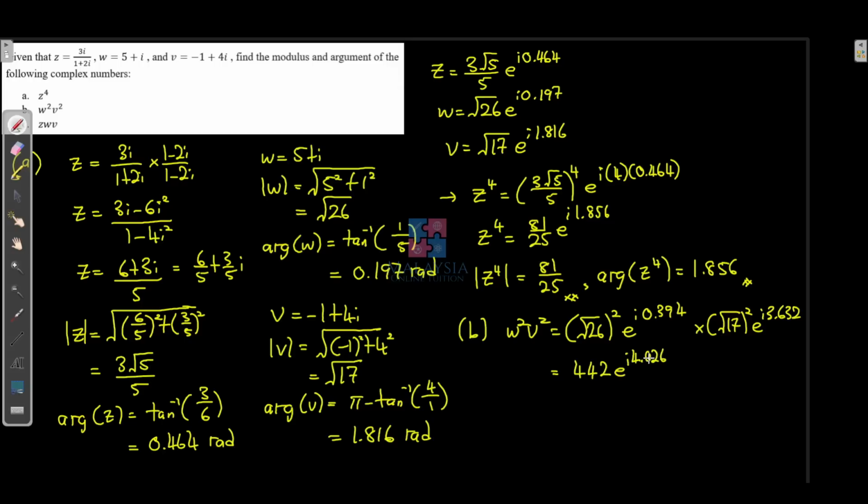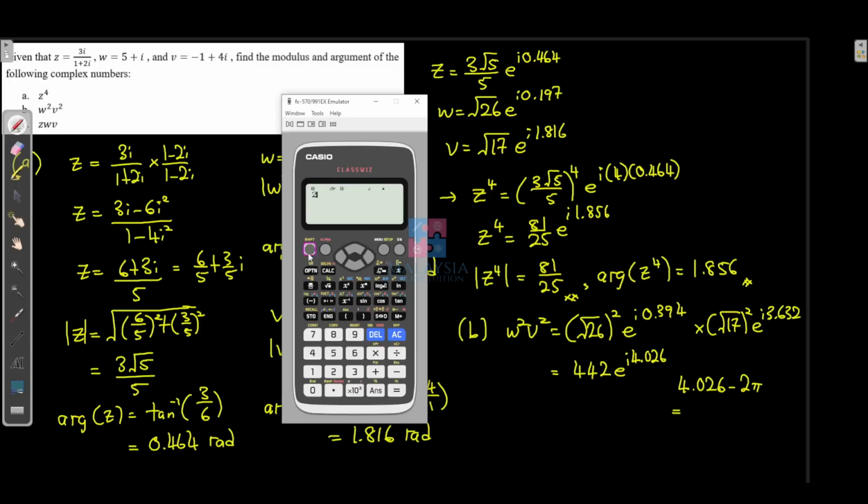And like I said just now, always check the argument whether it's in the range or not. And we know that this is already more than pi. So what we need to do is we write 4.026 minus 2 pi, so that it is in the allowed range.